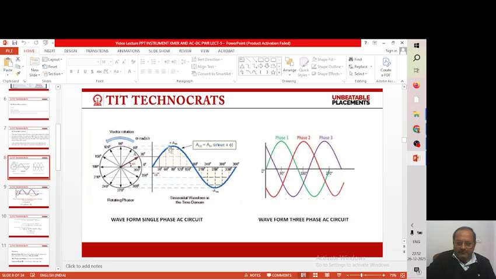Voltage varies with time, and if we take current, then current will also vary with respect to time.